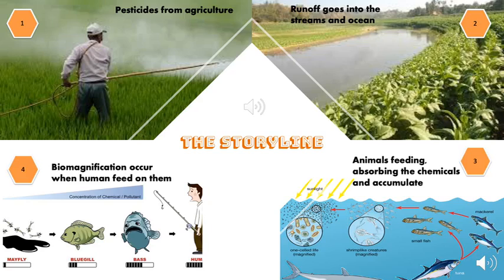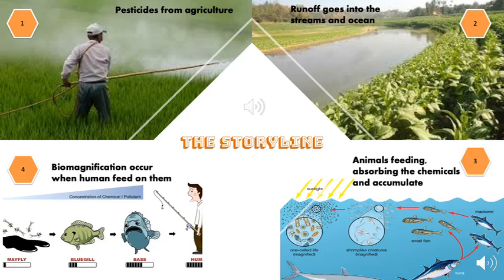Pesticides are used to target specific pests that are destroying the crops, so they are trying to invent something to get rid of these pests. However, the pesticide usage in agriculture creates toxic runoff, running into streams, lakes, and into the ocean, and deteriorating the ecosystems and the organisms inside them.